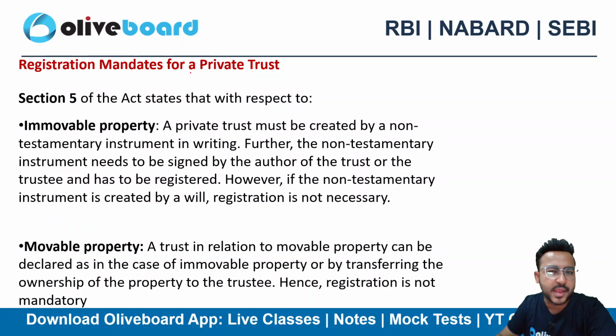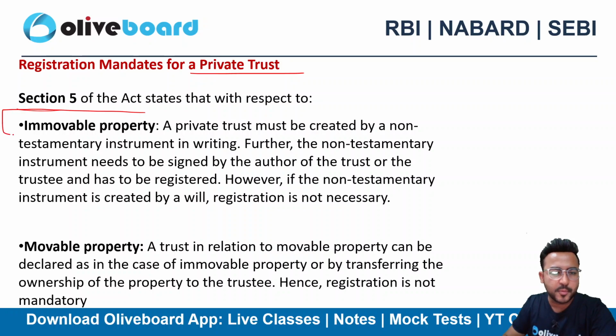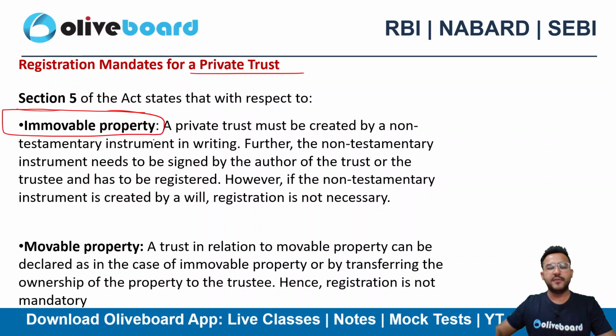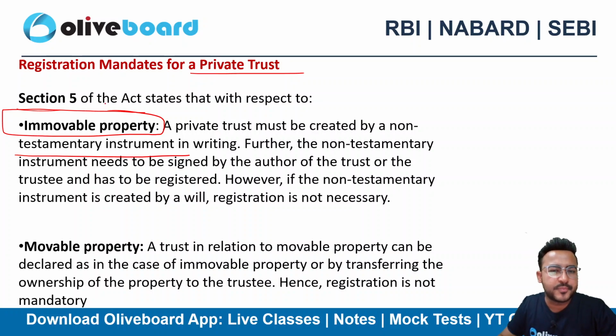Registration mandates for a private trust. Section 5 of the Act states that if immovable property is involved, then a private trust must be created by a non-testamentary instrument, right?